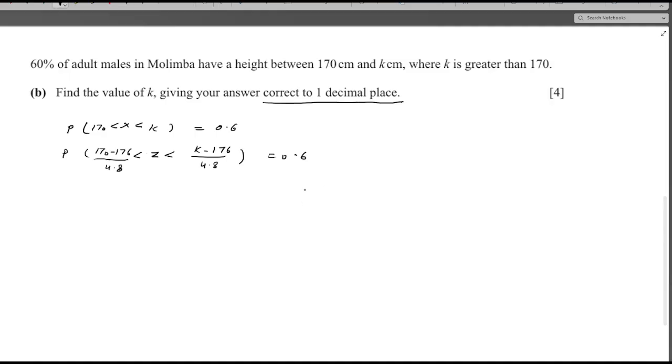So here if you see in this normal table, (170 minus 176) divided by 4.8 is this value, minus 1.25. Now your answer is Z more than this, but less than (k minus 176) divided by 4.8. So that value may be somewhere here.